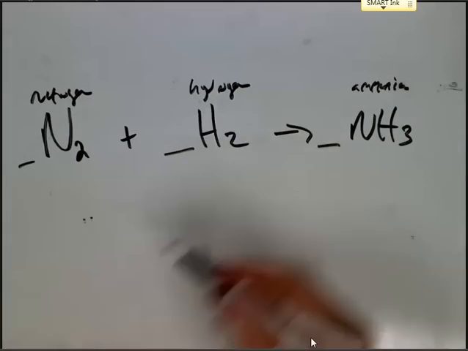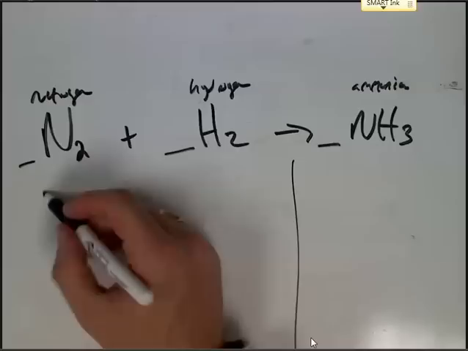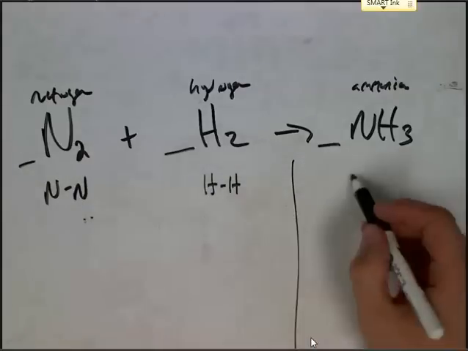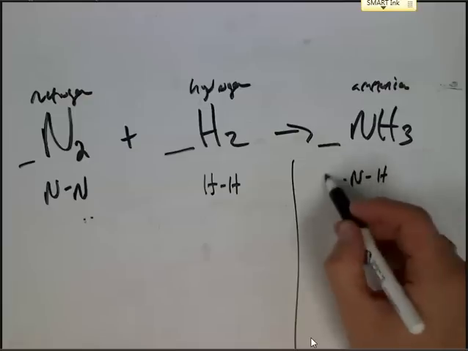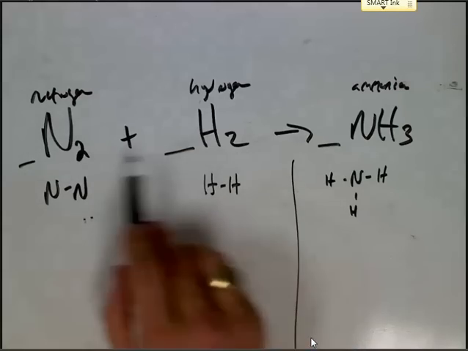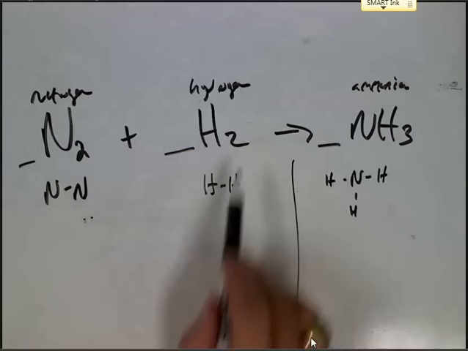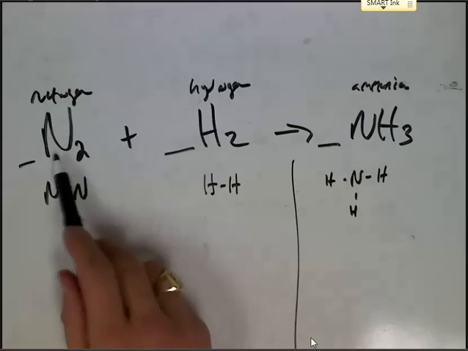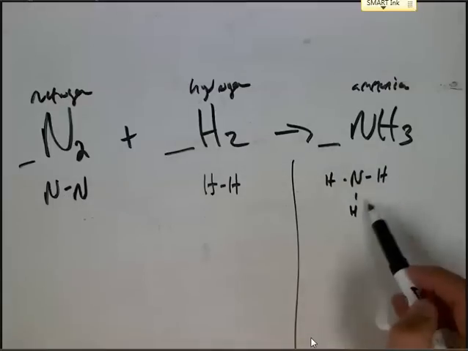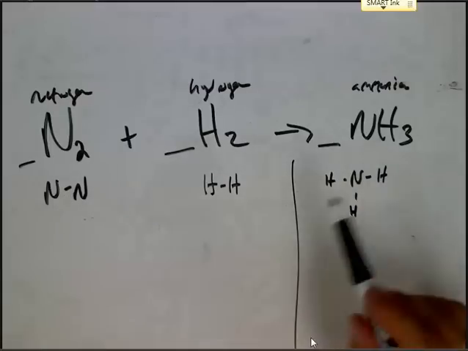Once again, let's draw this out. We've got nitrogen, we've got hydrogen, and we've got NH3. Again, these subscripts tell us how many of that type of atom are in each group. N2 just means 2 nitrogens. NH3 means 1 nitrogen and 3 hydrogens, just like our formula shows us.